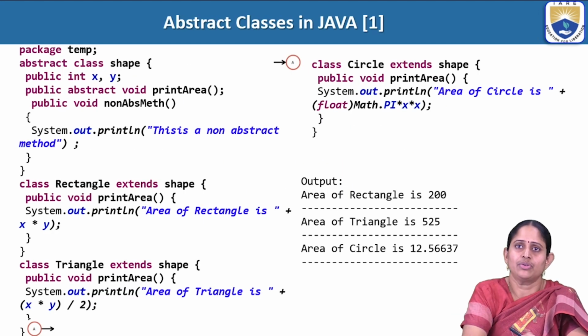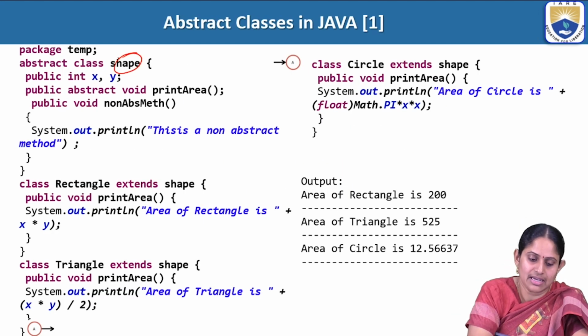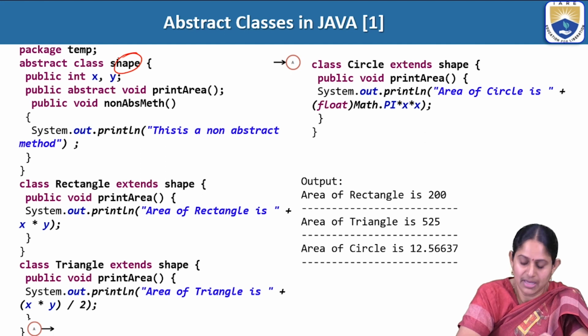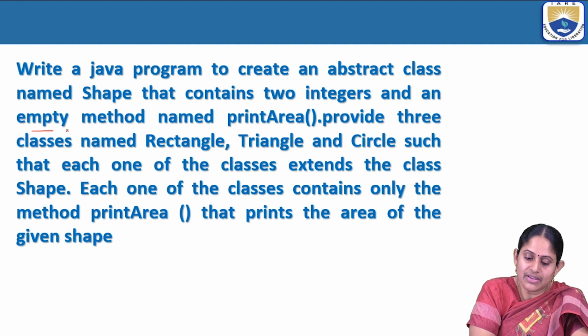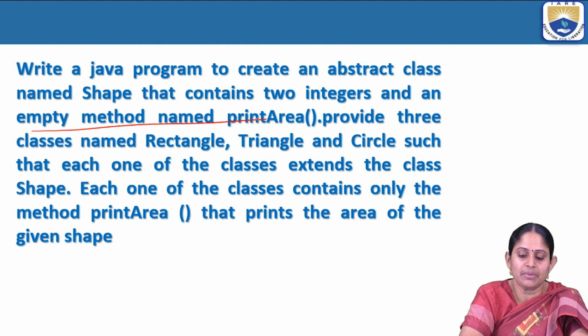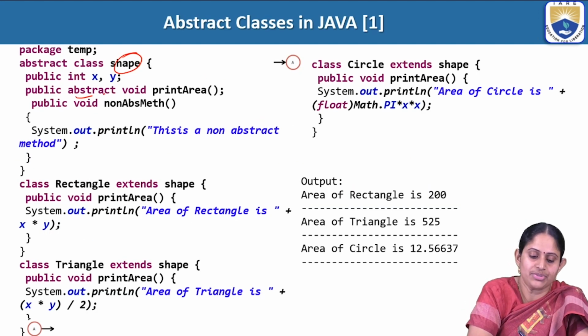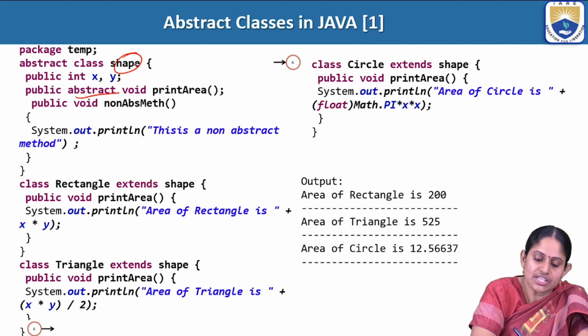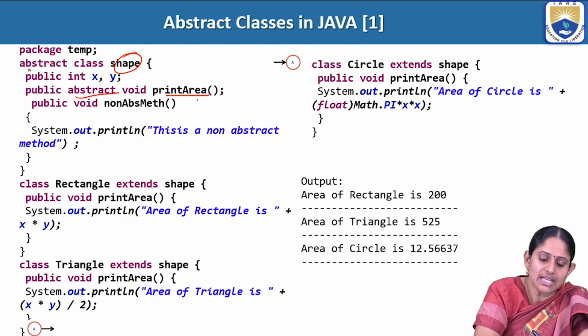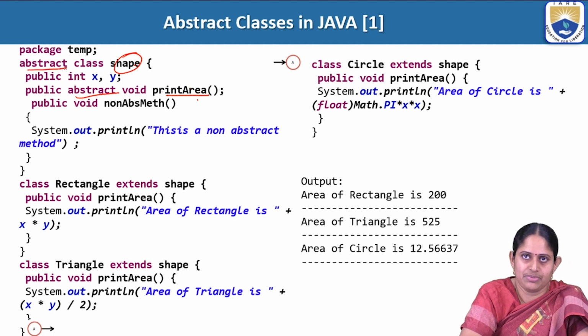So here we have to create a class named shape, and you should have an empty method print area. To create an empty method print area, we have to make use of the abstract keyword. Since this shape class contains the print area abstract method, we have to declare shape also as abstract.